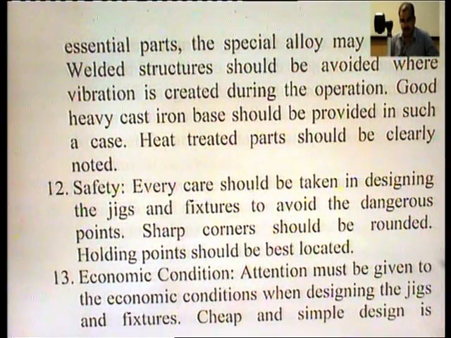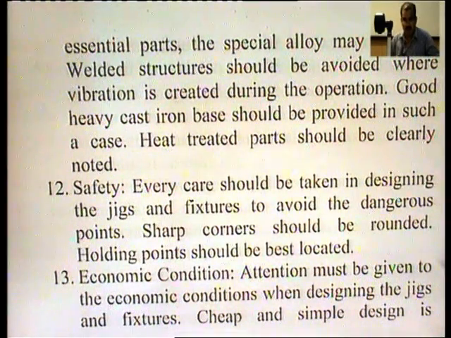Then comes safety. Every care should be taken in designing the jigs and fixtures to avoid the dangerous points. Sharp corners should be rounded. Holding points should be best located. So, in designing the jigs and fixtures, safety of the worker should be at the top.